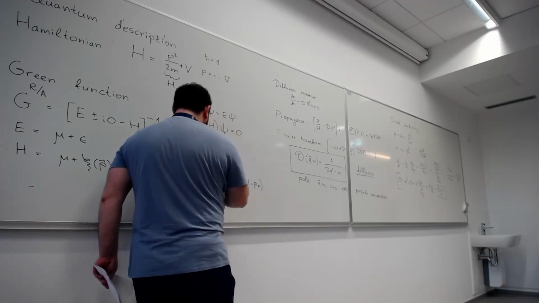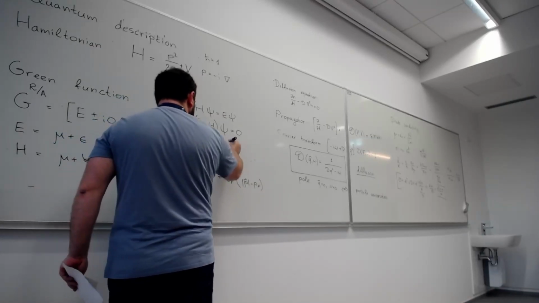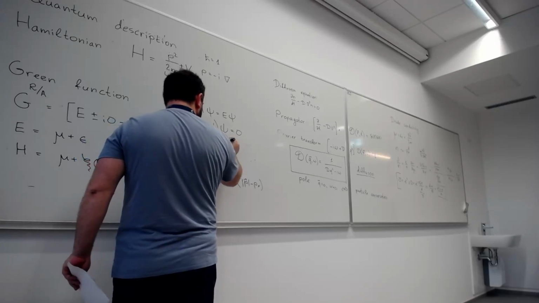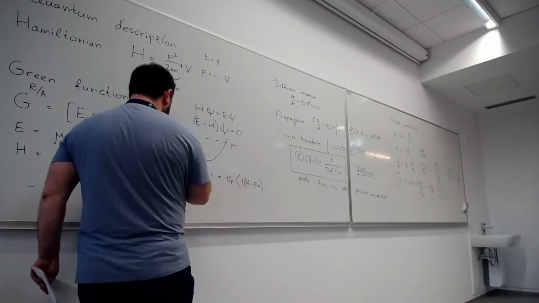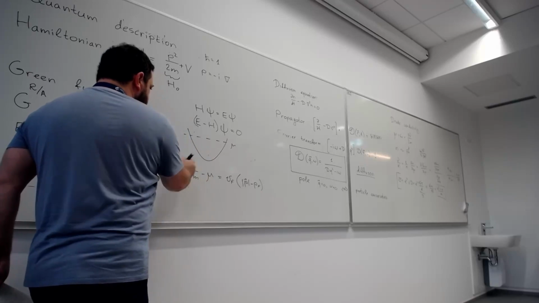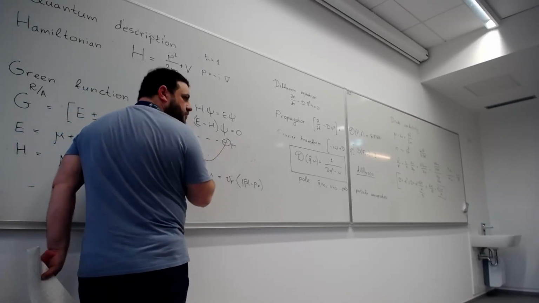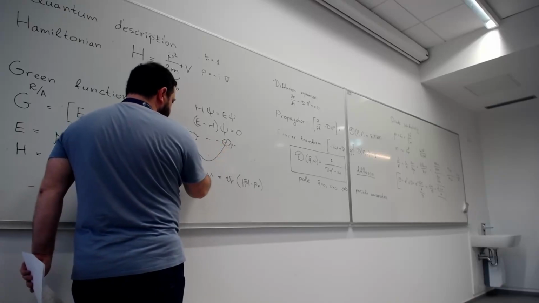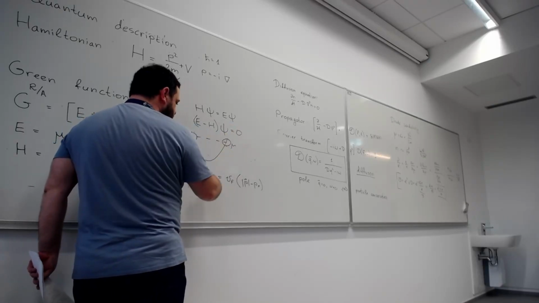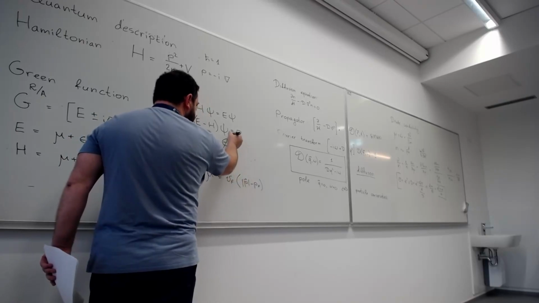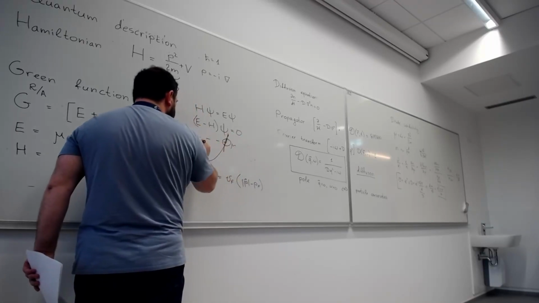We have this parabolic spectrum, we have mu, the Fermi energy somewhere, and we want only this function of p close to the Fermi surface, close to these points. So instead of using the full parabolic function, we can linearize it and replace it with a linear function here and here.